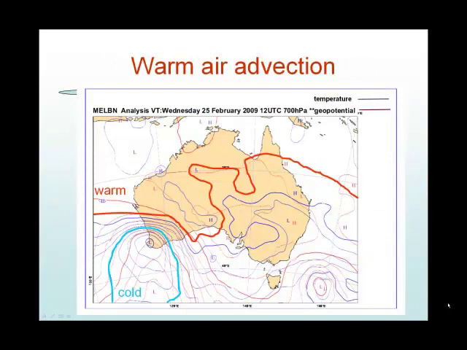So let's look at some model output. Here now what we have is the geopotential height of the 700 hectopascal surface. The orange line indicates the demarcation between what we're calling warm air and cool air, and the blue line indicates the region of cold air. Also marked are the temperature lines in blue.